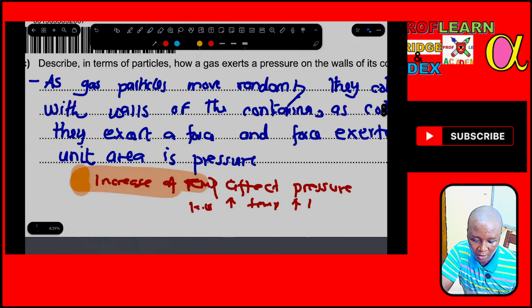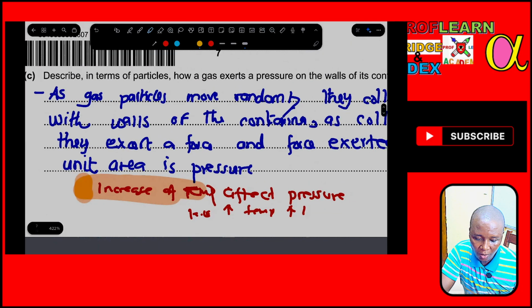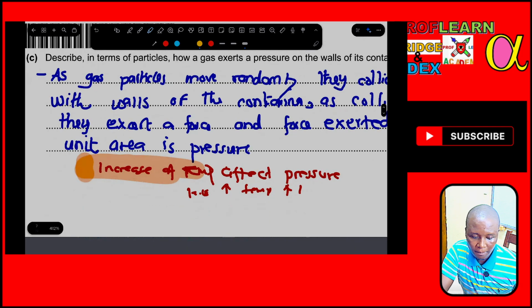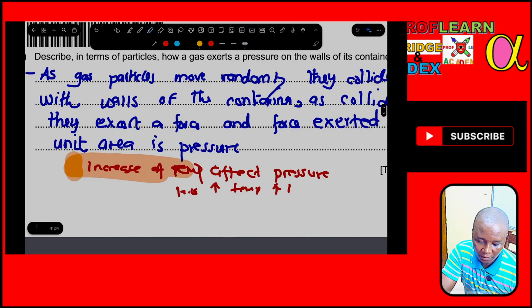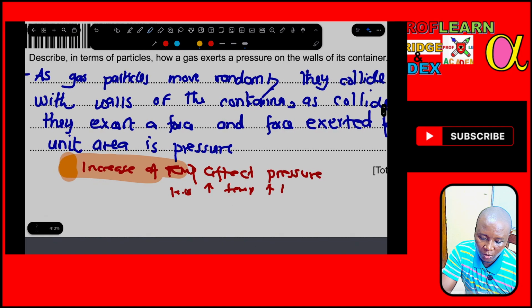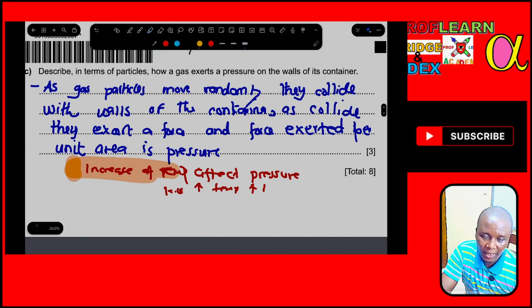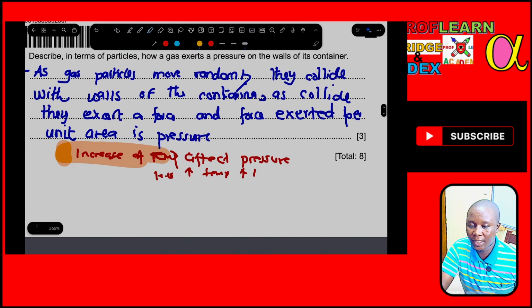Describe in terms of particles how gas exerts pressure on the walls of the container. In this question, what you need to remember is that the particles, or molecules, of the gas move randomly.